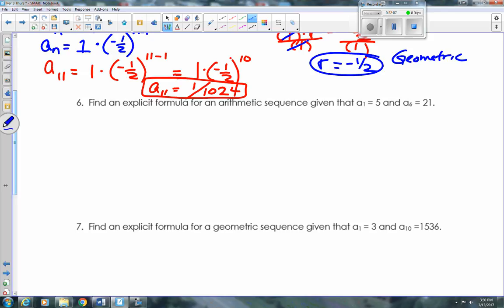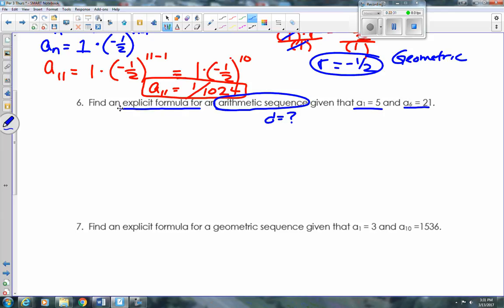And here's what I mean. We've got to find an explicit formula. We know that we have an arithmetic sequence, which means that we're going to have a d value, or common difference. And we're given our starting number, a1. That's going to be 5. And then we're given the sixth number, 21.